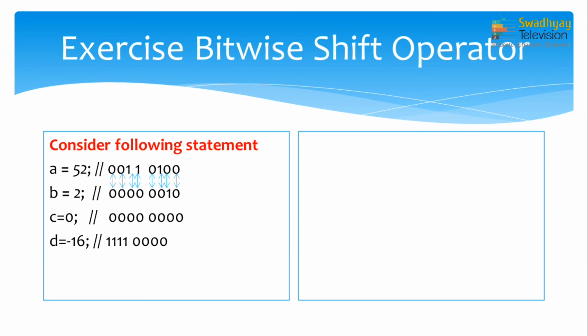Now, we want to understand the bitwise shift operators. So, we take this example. Here we have A equal to 52, B equal to 2, C equal to 0 and D equal to minus 16, and we can see the binary equivalents in the comment.